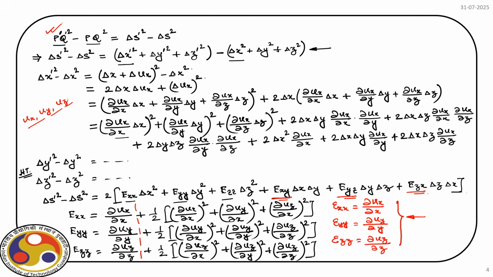Okay. So, the remaining strain component E_xy is u_x differentiated with respect to y plus u_y differentiated with respect to x, plus again we have higher order terms.